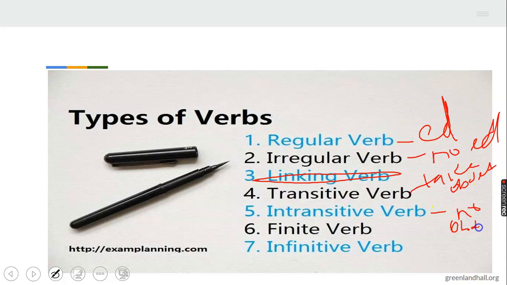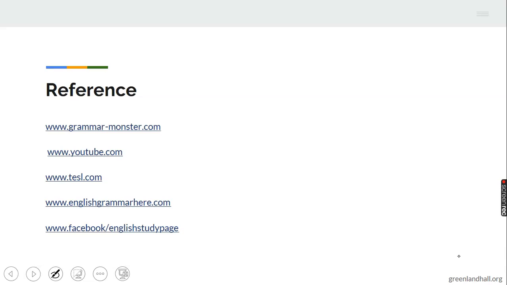No objects. This shows what? Tenses. This, no what? No tenses. Then, for study materials, you can lay your hands on any of these materials at a later time and read more about verbs from them.